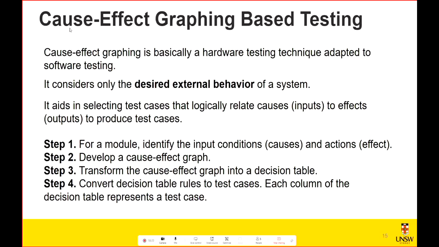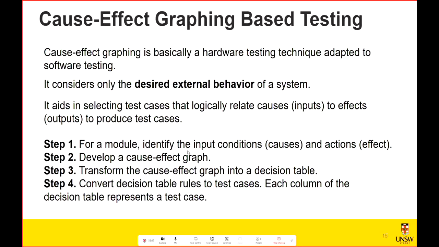So the steps of cause-effect graphing-based testing are to identify the input conditions or the causes first and the actions, and then we can develop a cause-effect graph, and then we can transform this graph into a decision table, and then we can convert decision table rules into test cases like what we have just done.